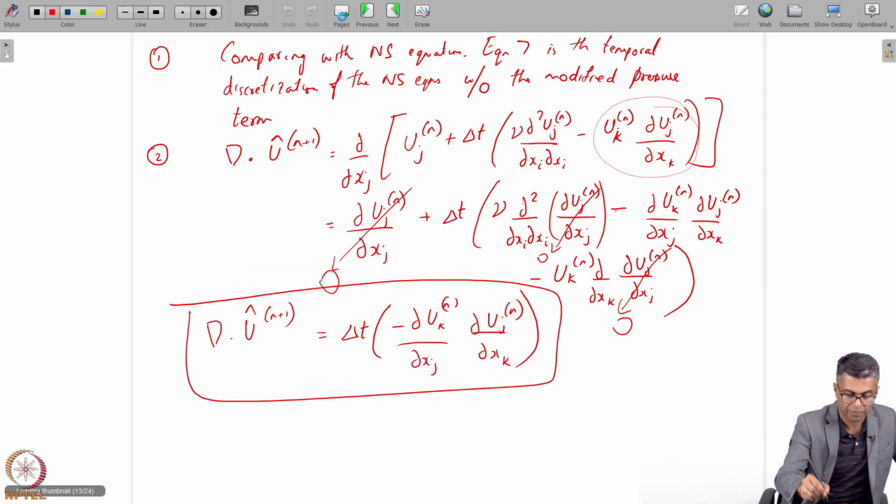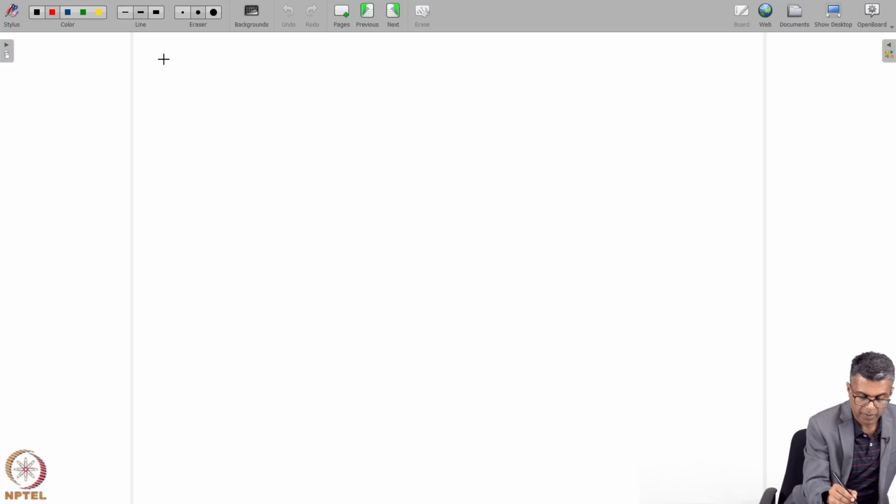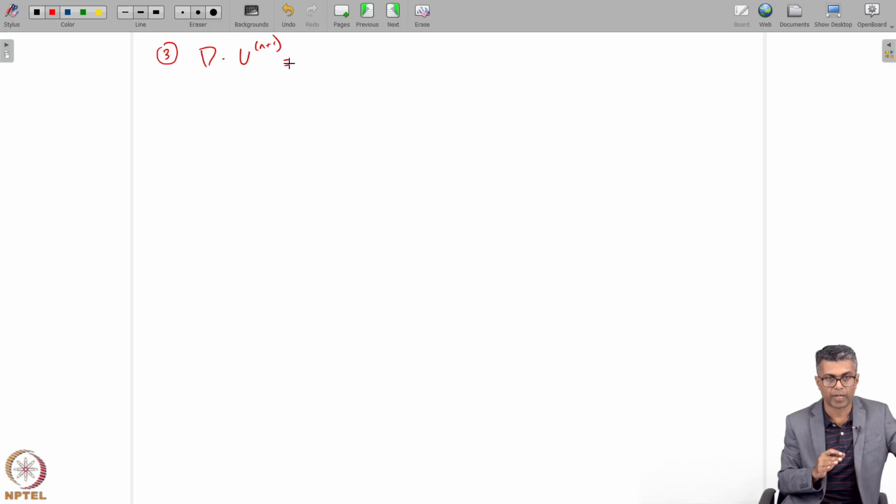This is what I'll have. So this is now part 3. If I want to find out del u n plus 1, now what all I'm doing is I just have to substitute equation number 8 here for the divergence.